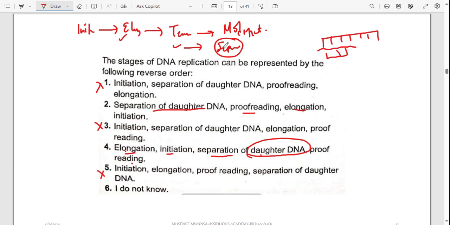Meaning that separation and proofreading can swap. So we start with separation of the DNA strand, then proofreading, meaning we make corrections before separation of the strand. Remember, we're going in the opposite direction, and then elongation, then initiation. But the option that starts with elongation, then initiation, is not correct, because those two steps are supposed to be at the end.